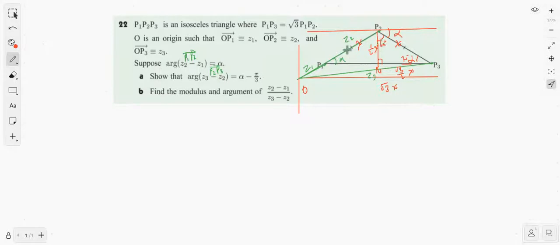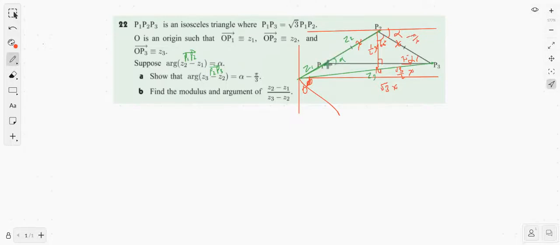And the thing is, here, the vector Z3 minus Z2 is represented by P2P3. Then if you move this line to here, the angle formed by the x-axis and this P2P3 is exactly the same as here, but we knew that this was alpha. Since we measure this angle clockwise, this must be minus 30 degrees, or minus pi over 6.